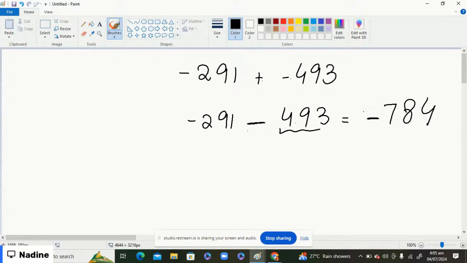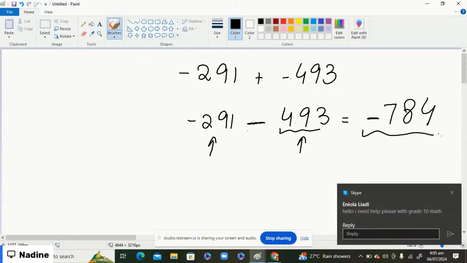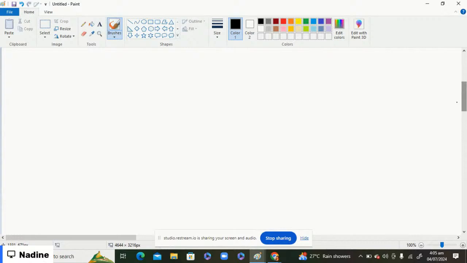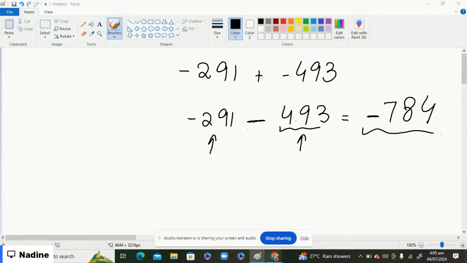So if the two integers are negative, then you get the answer negative, okay? Again, one thing I'm going to tell you, if these are two negative integers, then you get the answer negative. Understand?